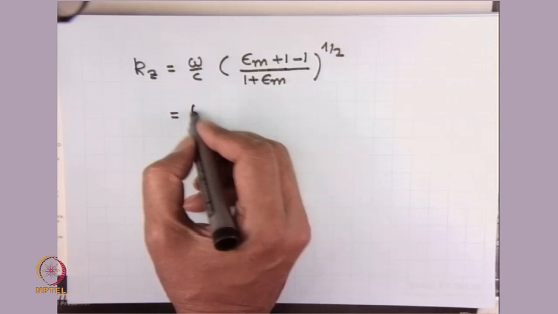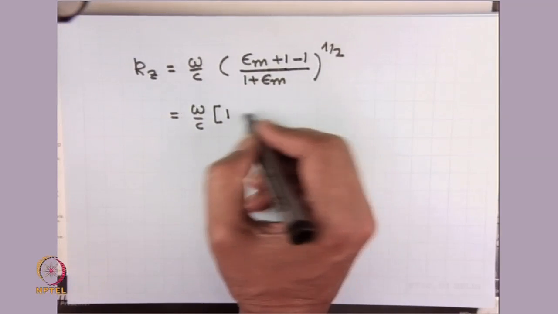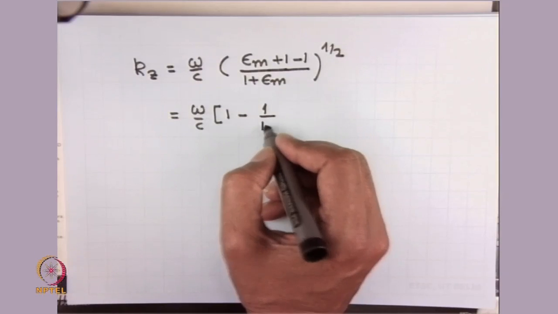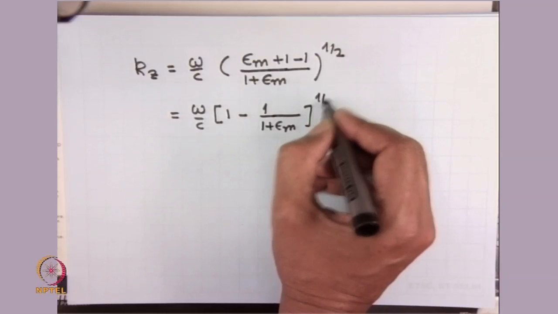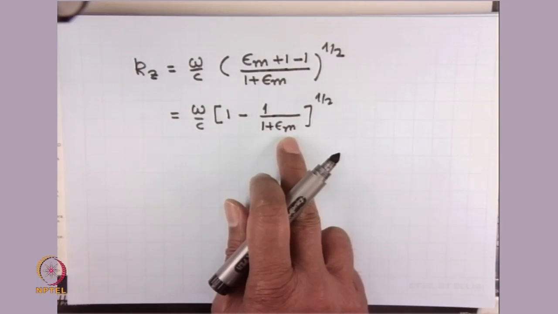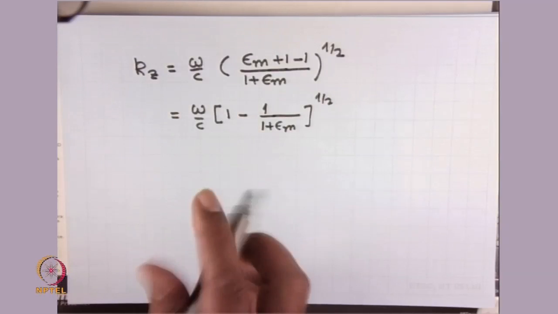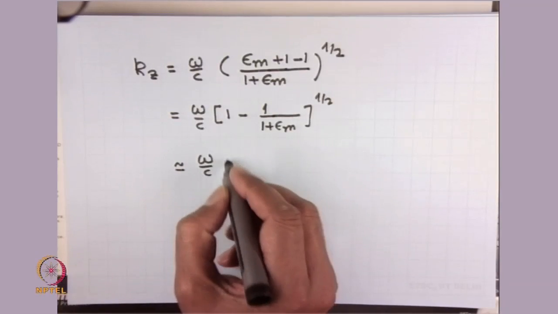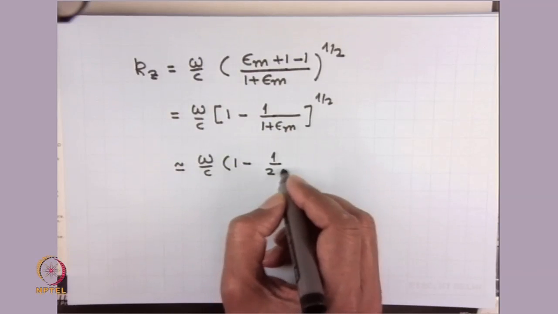So you will get omega by c into 1 minus 1 upon 1 plus epsilon m to the half. But epsilon m is very large in magnitude as compared to unity, so you can ignore this one. So this is approximately equal to omega by c into 1 minus 1 upon 2 epsilon m.